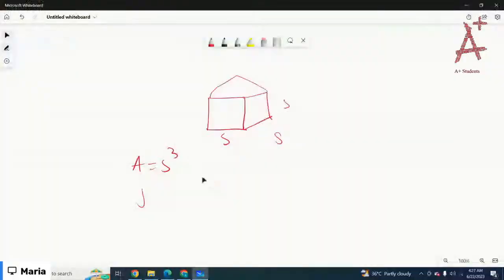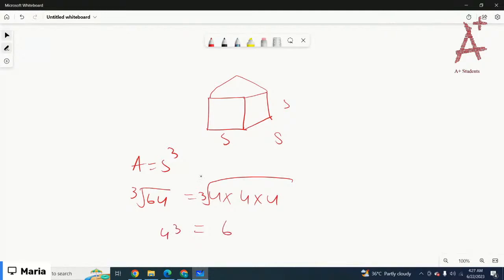So that would be the cube root of 64. Got it? You can write it as 4 times 4 times 4. Got it? That means 4 cubed equals 64. Got it?